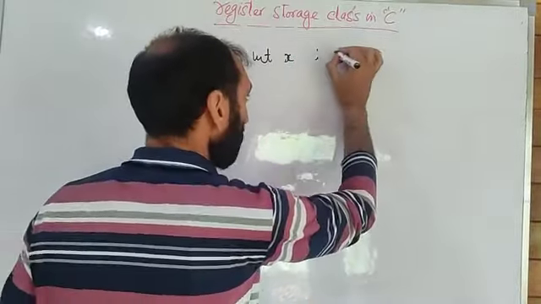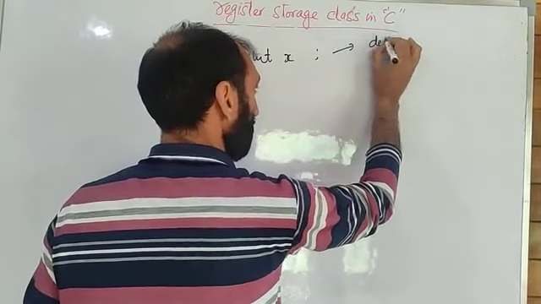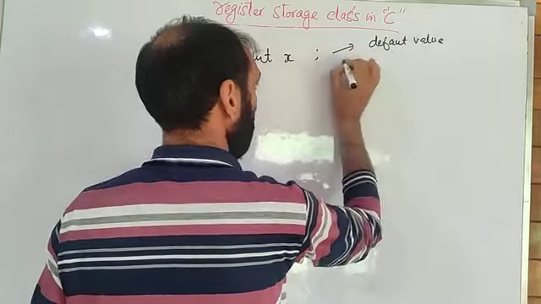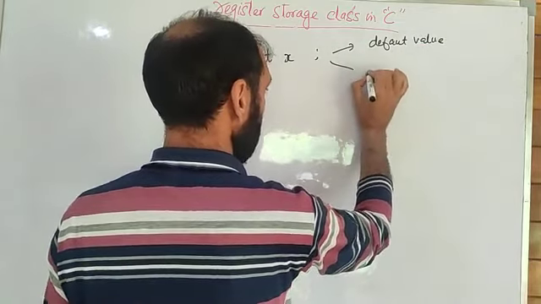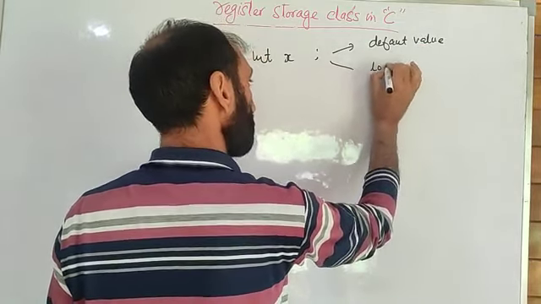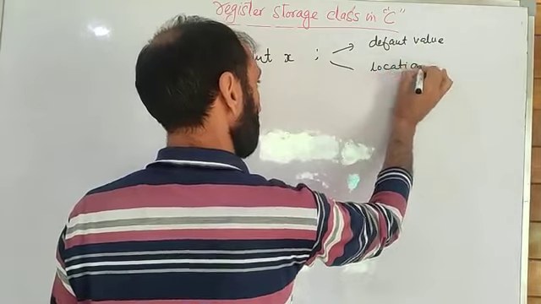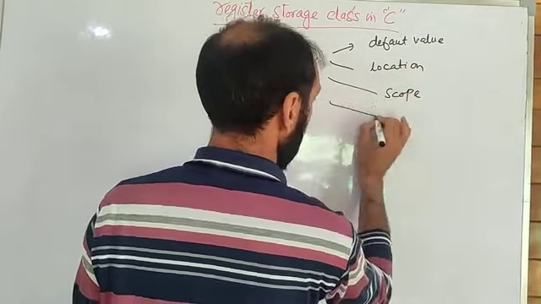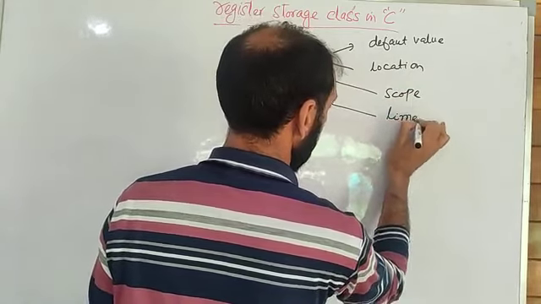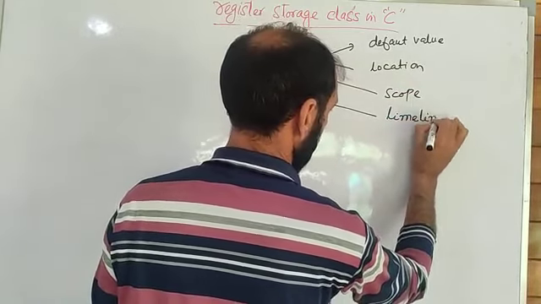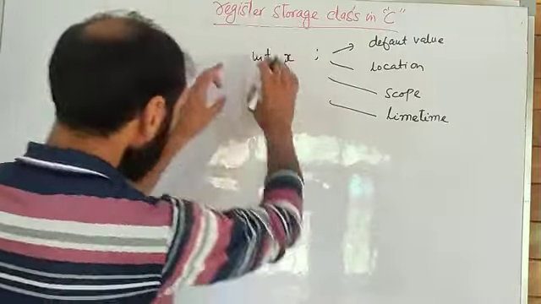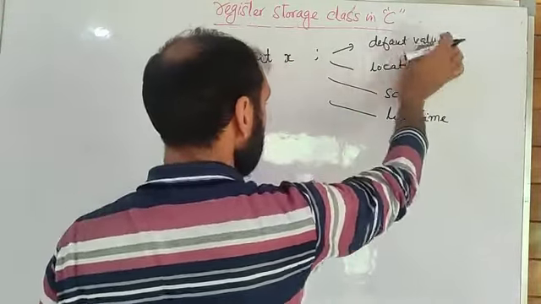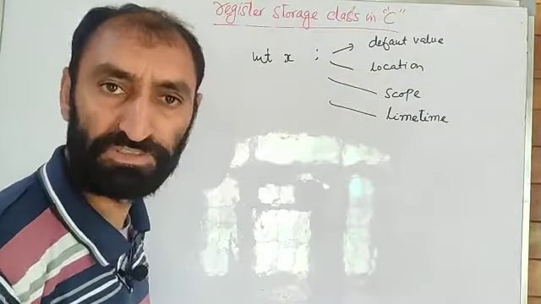And those things are the default value, location, scope, and lifetime. In addition to these two properties, these things are also associated with the variables.